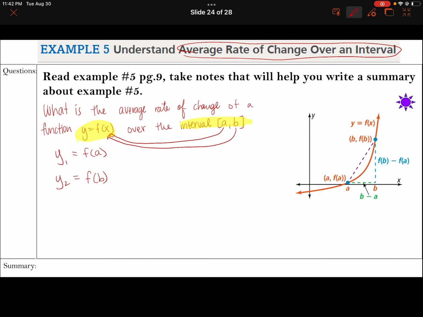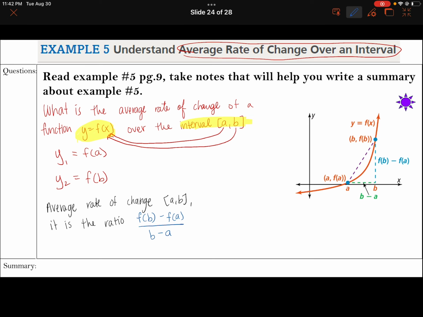So to find the average rate of change through the interval a, b, it is the ratio f of b minus f of a over b minus a.